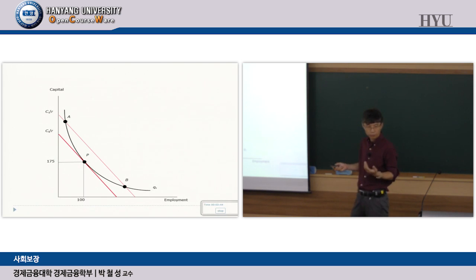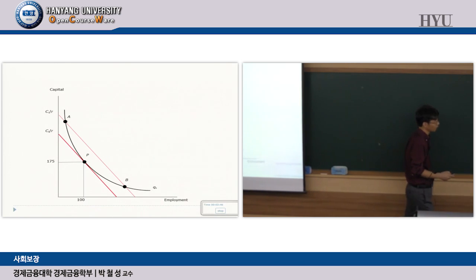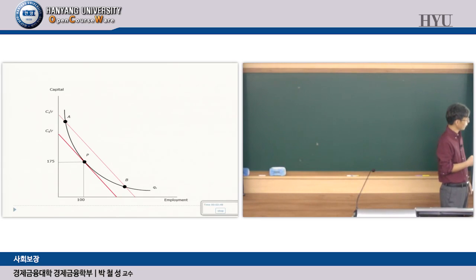In the long run, since we assume that they can change anything, for example, A, P, B all give the firm the same output, Q0. So the firm's problem is to find the combination that yields the output of Q0 for the lowest cost.